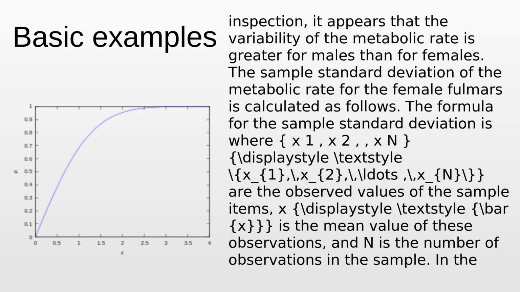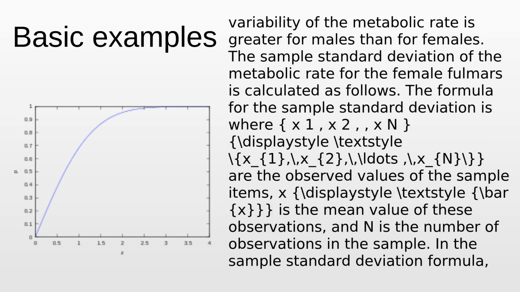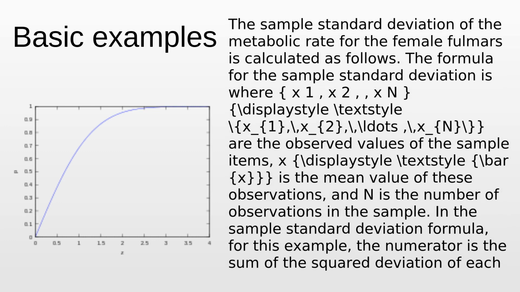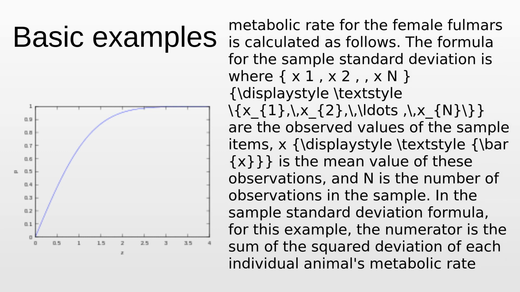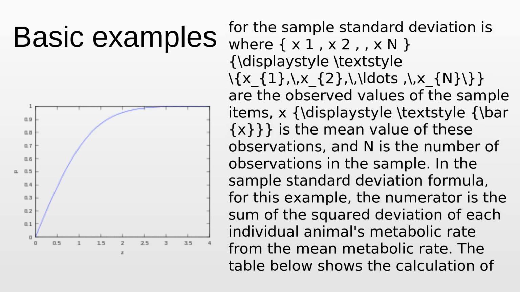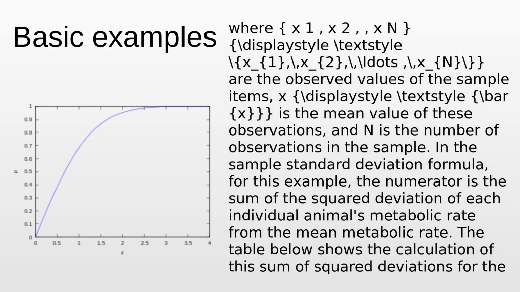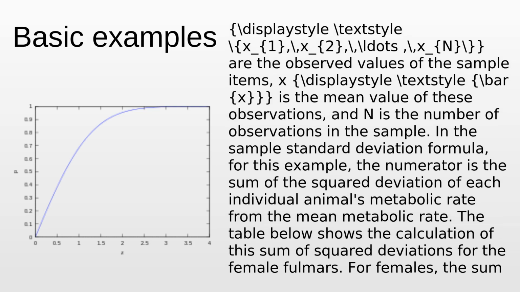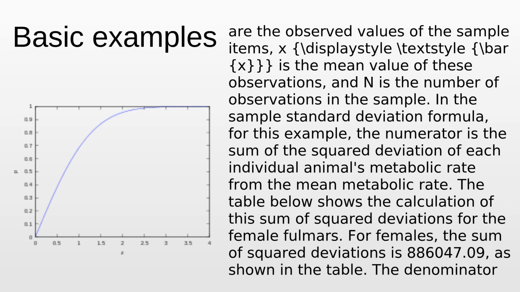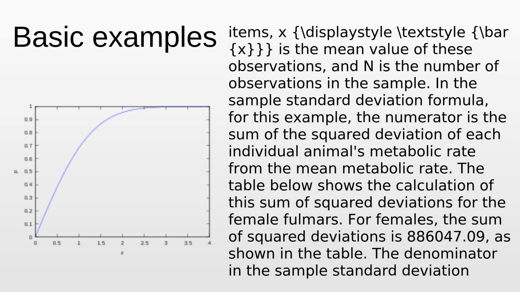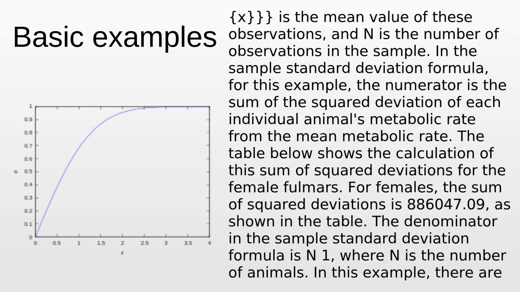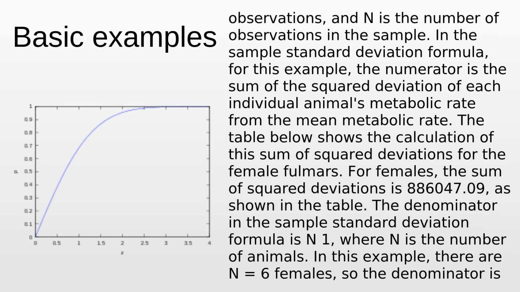The sample standard deviation of the metabolic rate for the female fulmars is calculated as follows. The formula for the sample standard deviation is s = sqrt( Σ(x_i − x̄)² / (N − 1) ), where {x_1, x_2, …, x_n} are the observed values of the sample items, x̄ is the mean value of these observations, and N is the number of observations in the sample.